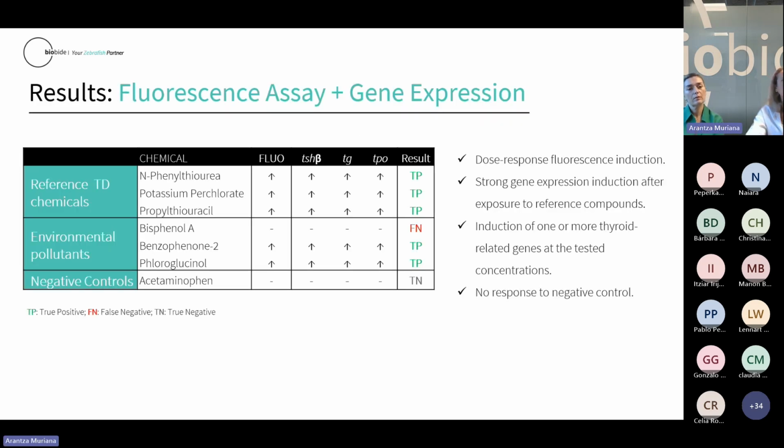As a summary of the results of the fluorescence assay and the gene expression, we can say that in the fluorescence assay a dose response induction, and a strong gene expression induction after the exposure to the reference compounds, was observed for all the compounds except for bisphenol A. The induction of 1 or more thyroid-related genes at the tested concentrations was also observed, and no response was detected for our negative control, the acetaminophen.